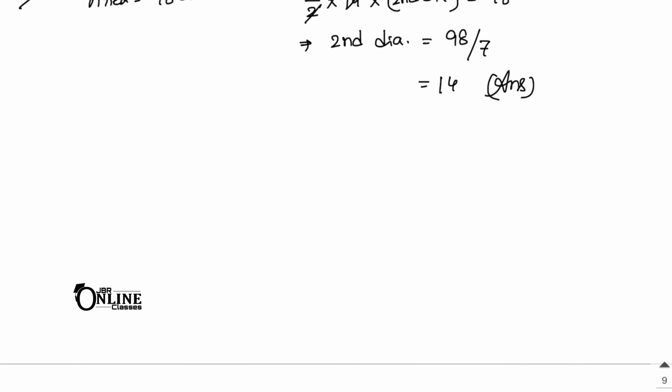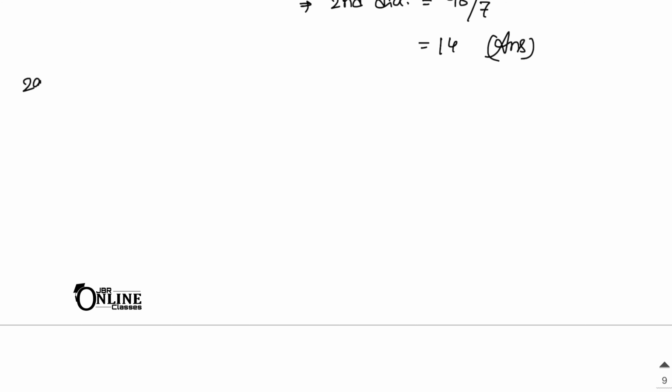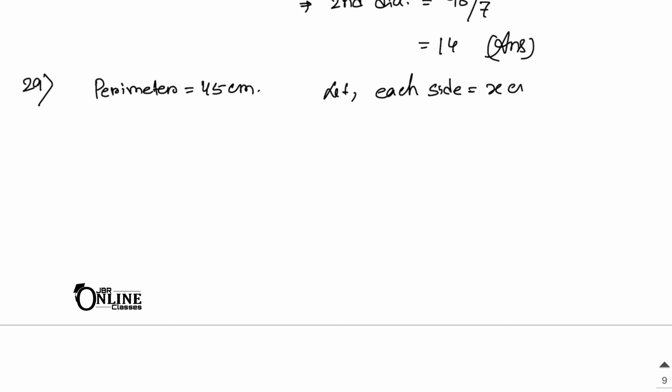Now next one, sum number 29. So here in sum number 29, the perimeter of a rhombus is 45 centimeter. So perimeter equals 45, and you know that in a rhombus all the sides are equal. So first you have to let each side equal to x centimeter.